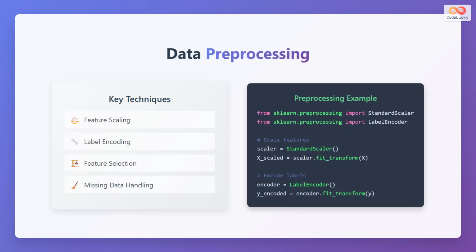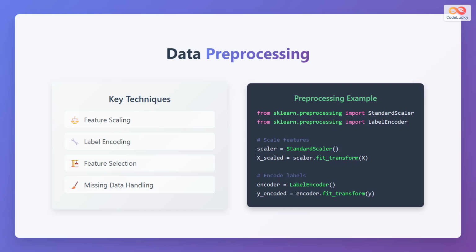Data preprocessing is crucial for preparing raw data for machine learning algorithms. Feature scaling ensures all features have similar ranges, preventing features with larger scales from dominating the model. Standard scaler transforms features to have zero mean and unit variance. Label encoding converts categorical text labels into numerical values that algorithms can process.